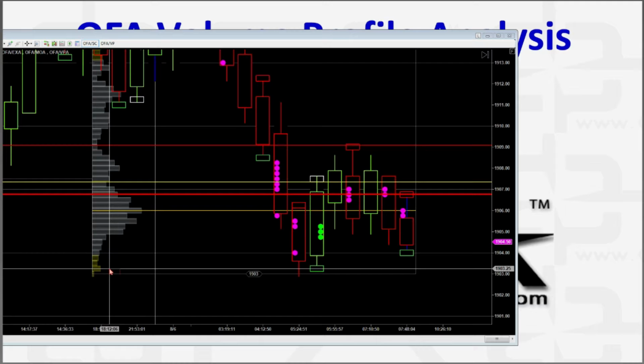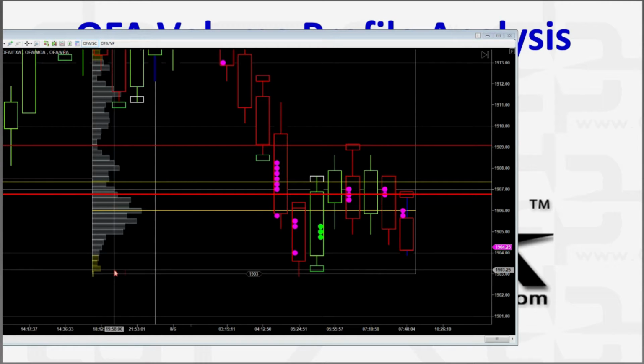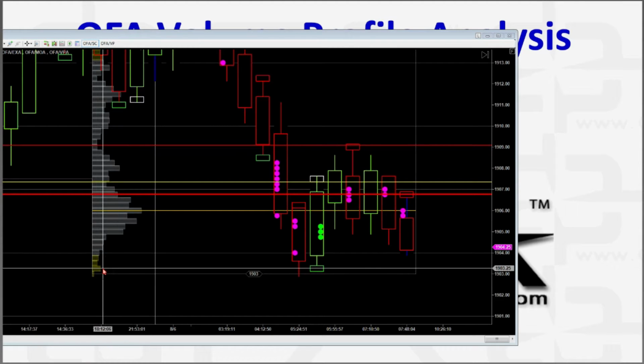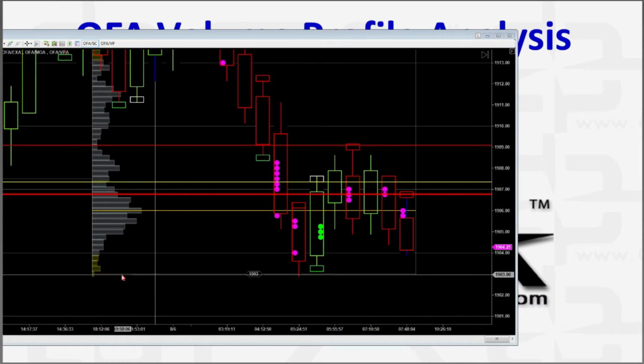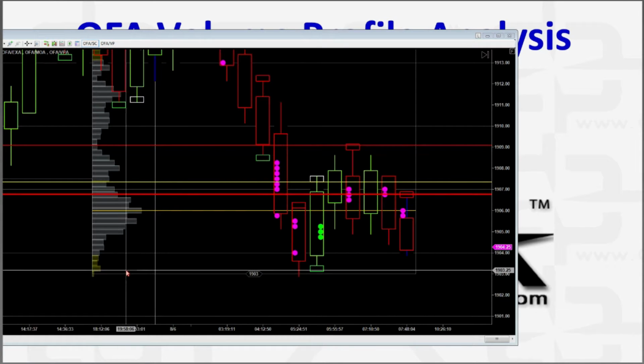What this little nodule is telling you is that there was a lot of aggressive selling and that buyers held that selling. Buyers held right here. That is the only way we could get this much volume in that short amount of time. So that's the story behind it.